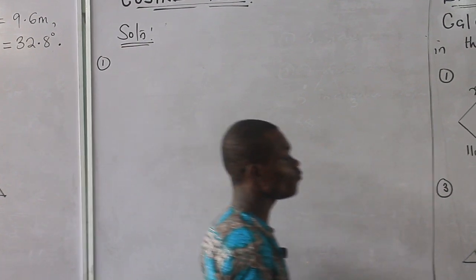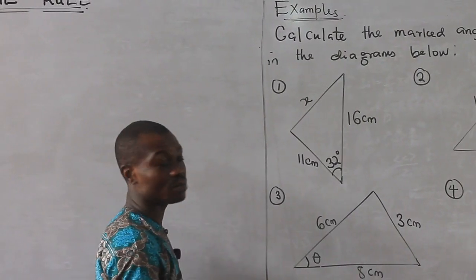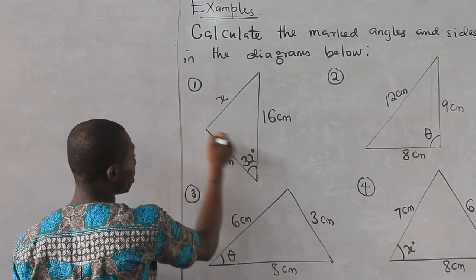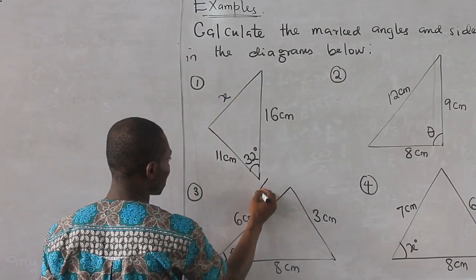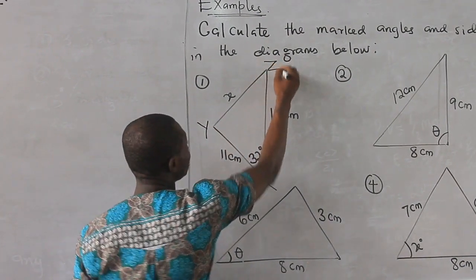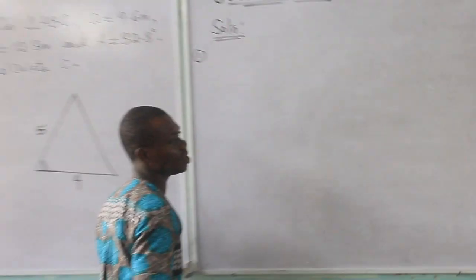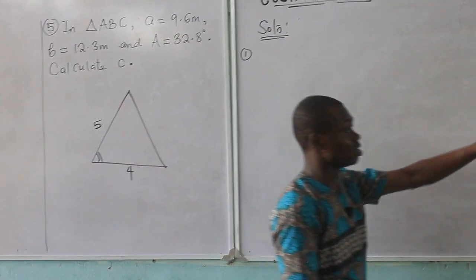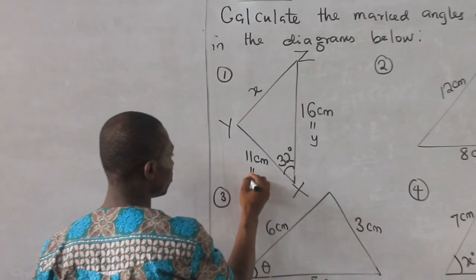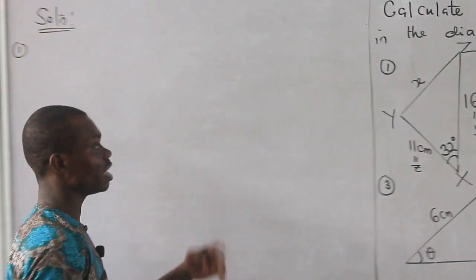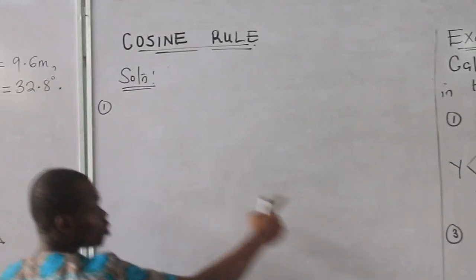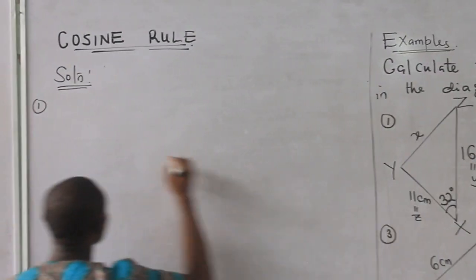So here, if we choose to give names to this triangle, let's say we call here, since here is called X, then let's call here capital X, let's call here Y, and let's call here Z. So that means of course here will now be small y, and this one will be small z. So now let's use these letters to write our formula. So what is it going to be? Remember what I said, you pick the side.